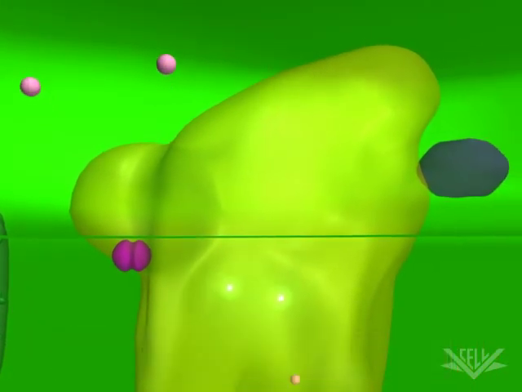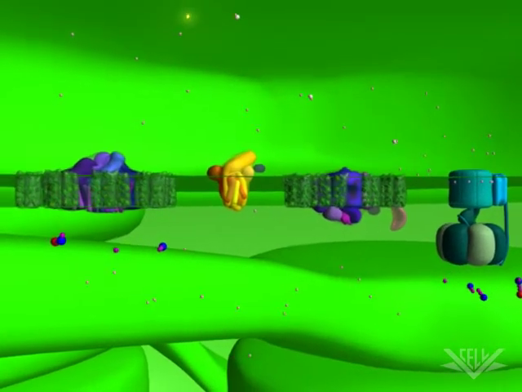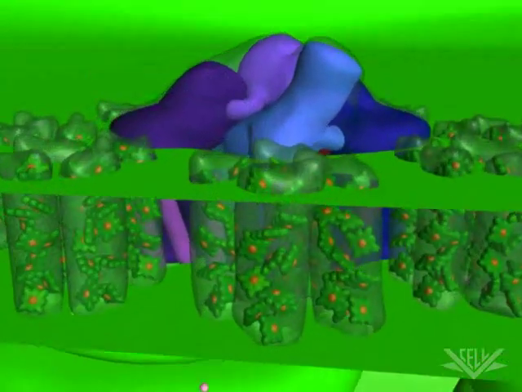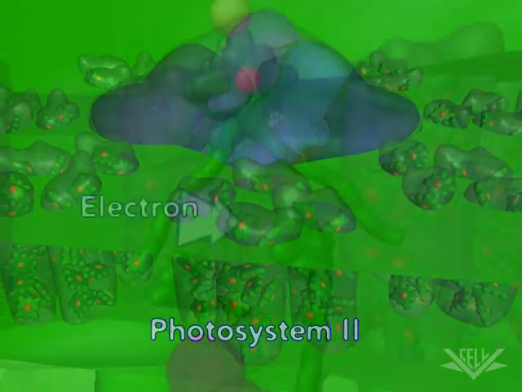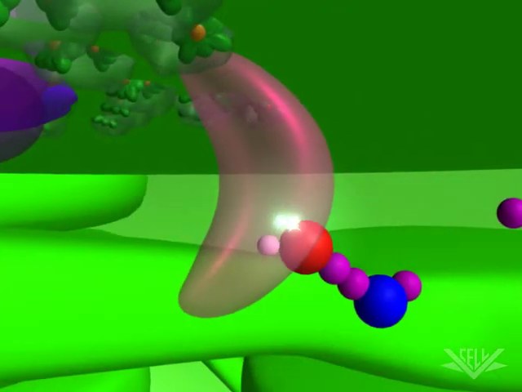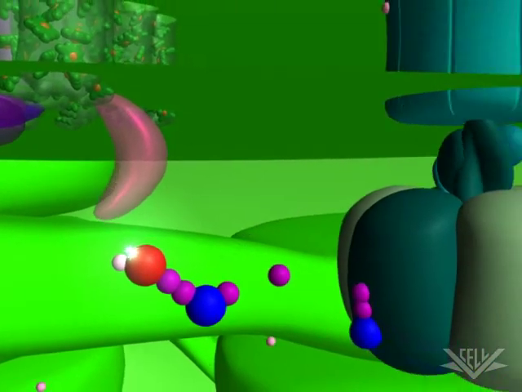The gradient this creates produces ATP by a similar ATP synthase complex. It begins with a photon of light that produces the energy necessary to release an electron down the carrier chain. Here you can see the electron moving between the carriers, along with ATP being produced by ATP synthase.